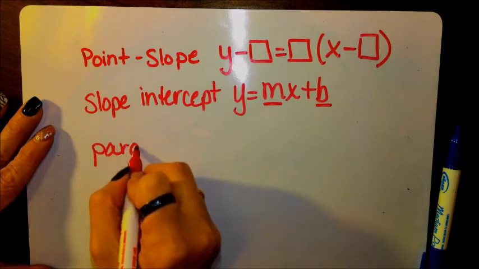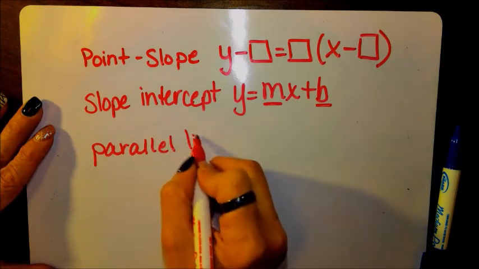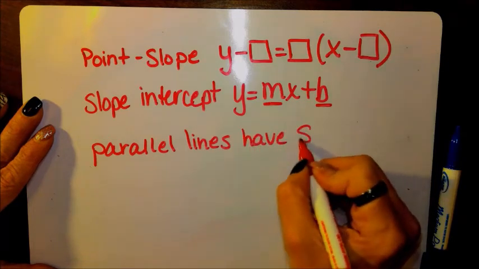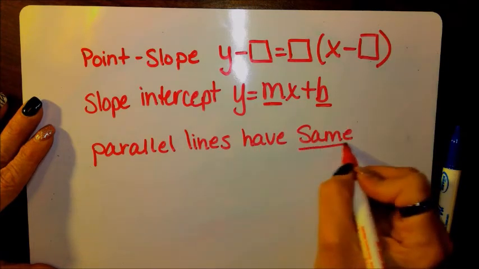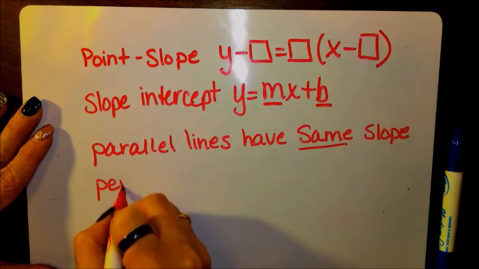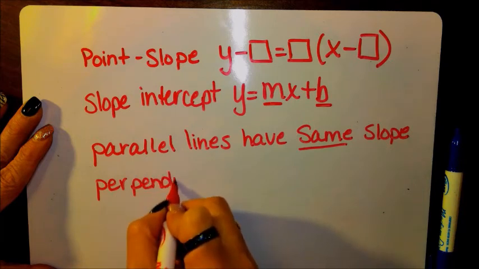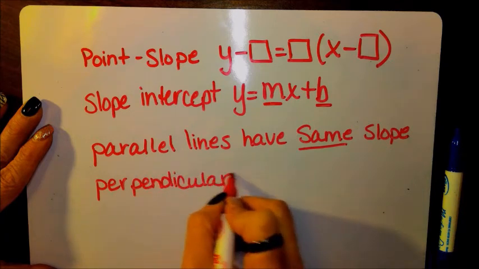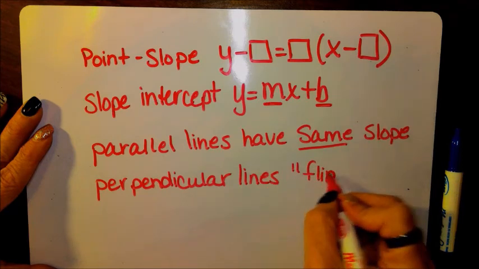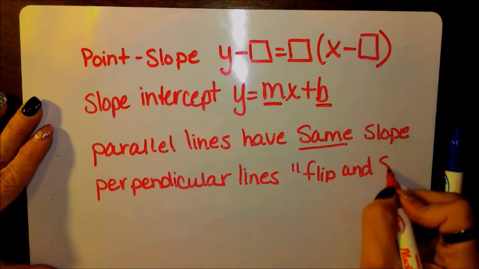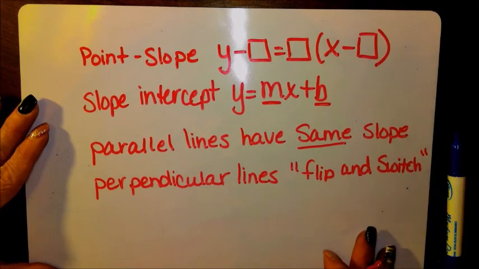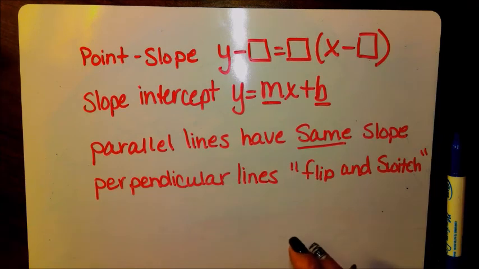Parallel lines have the same slope. And then we're going to write perpendicular lines flip and switch for the slope.